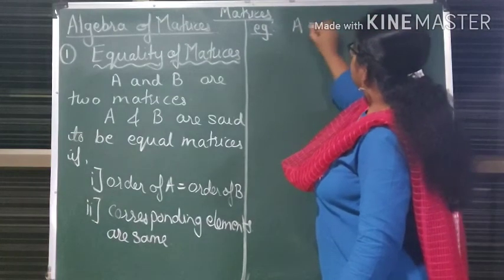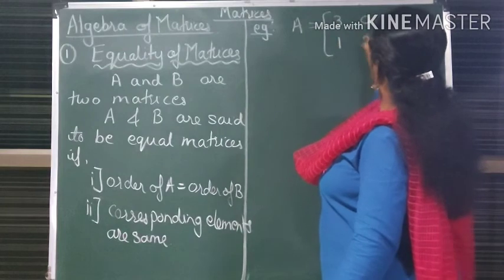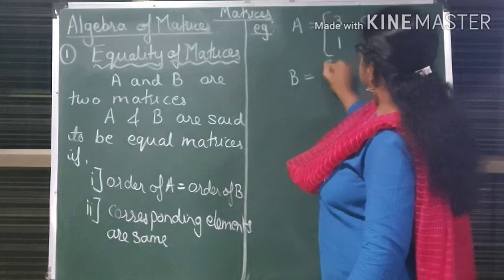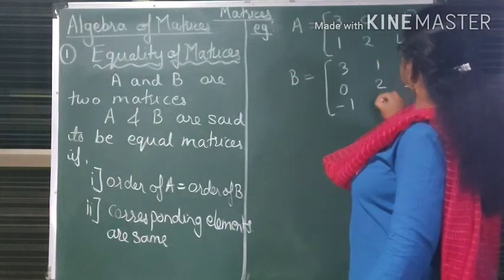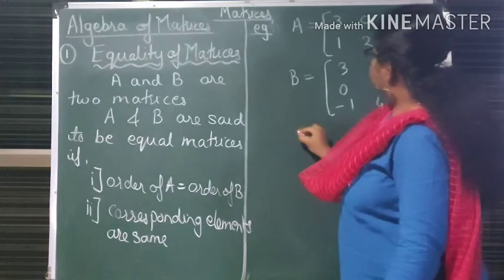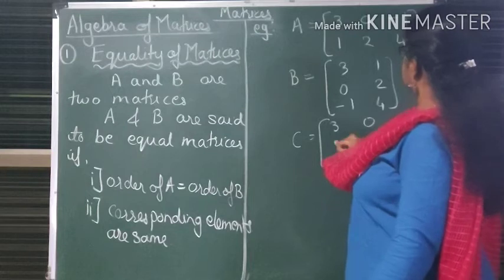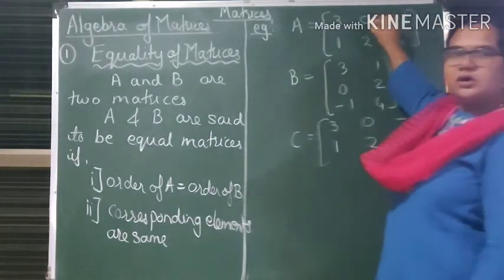See, for example, I will take one matrix A as 3, 0, minus 1, 1, 2, 4, and matrix B as 3, 0, minus 1, 1, 2, 4, and C matrix as 3, 0, minus 1, 1, 2, 4. Now, what is the order of matrix A?